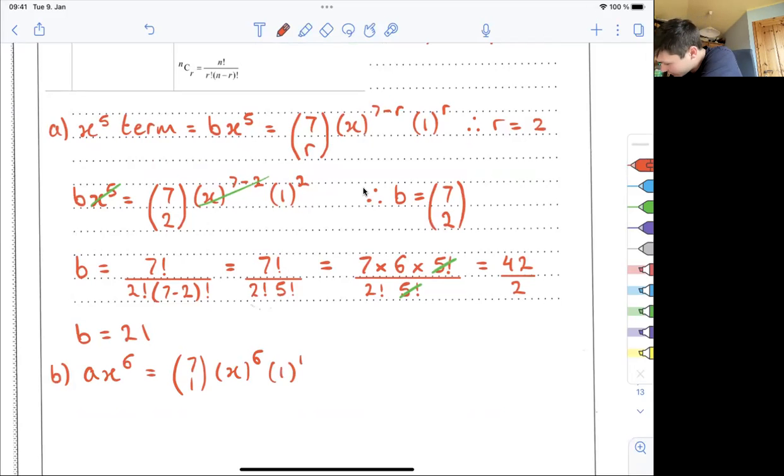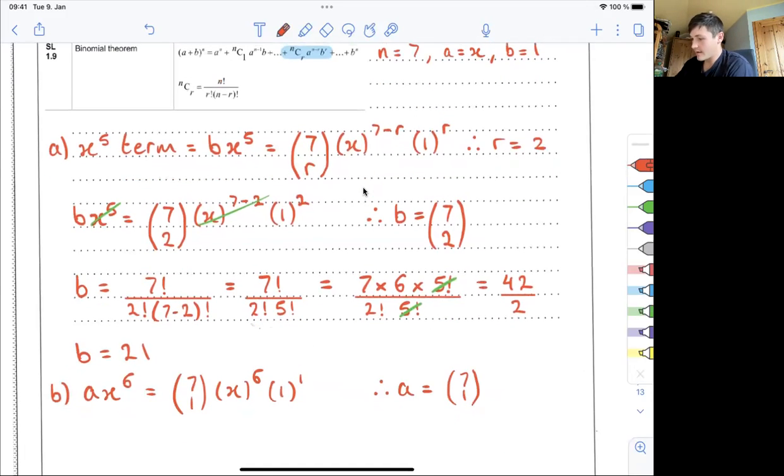And so off to the right here, we can say, therefore, a is equal to 7c1. Now, you can go through the formula here and put this in, where we're going to get 7 factorial divided by 1 factorial multiplied by n minus r factorial, which is going to be 6 factorial.